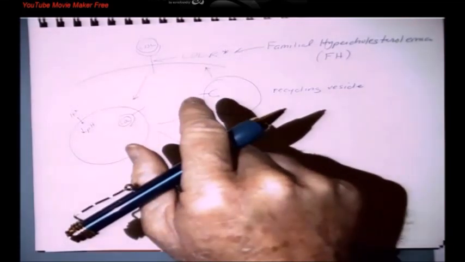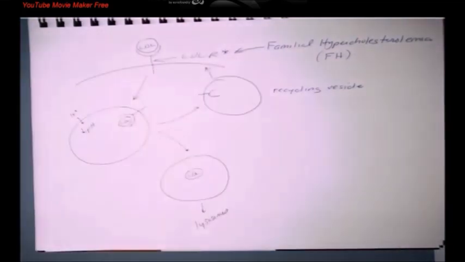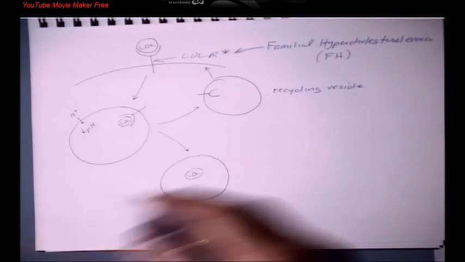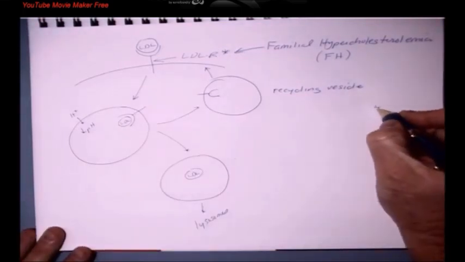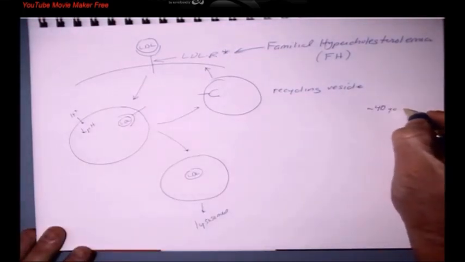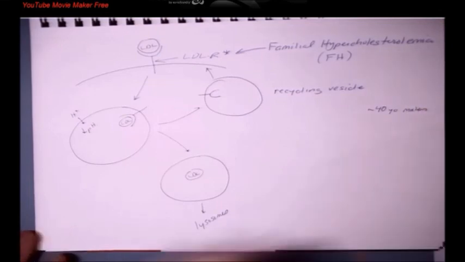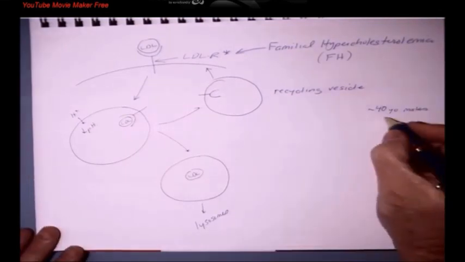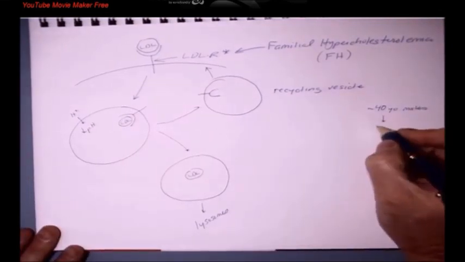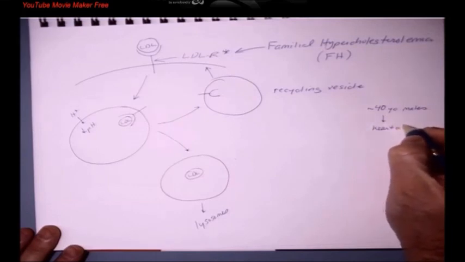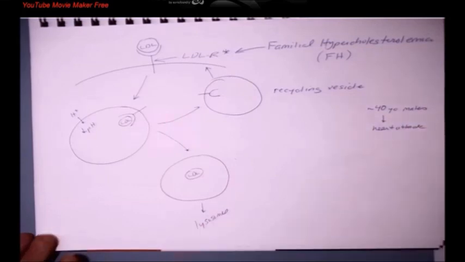And they identified this because they had patients, several of them, that tended to be approximately 40-year-old males. And these 40-year-old males had a heart attack, and many of them died. 40-year-old male having a heart attack, what's up with that?